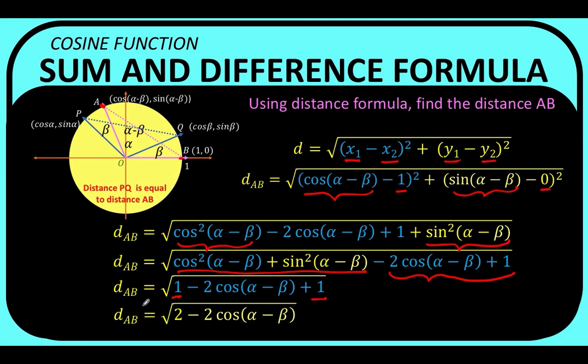At this point, we have an expression for the distance between points P and Q, and we also have this expression for the distance between points A and B. And geometrically, we said that the distance PQ is equal to the distance AB. So whatever expression we arrive at for the distance AB and the distance PQ, we can equate the two.